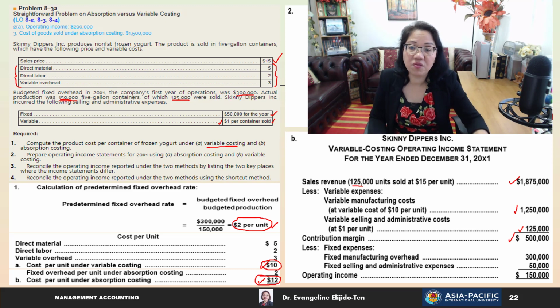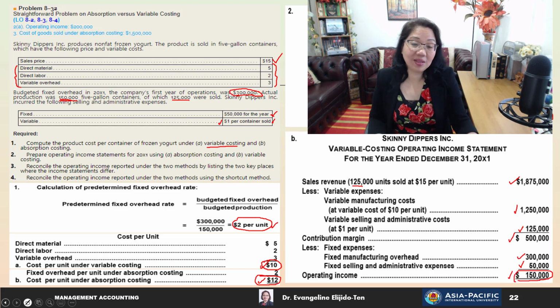The fixed manufacturing overhead cost is 300,000 as given here. We'll deduct it there. And the fixed selling and administrative expense of 50,000 will also be deducted. That would give us operating profit under variable costing of $150,000.